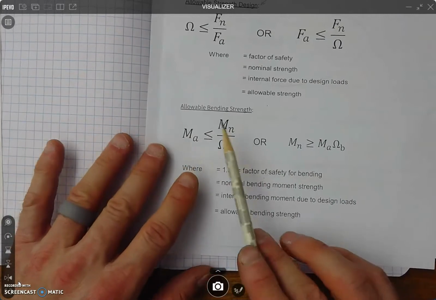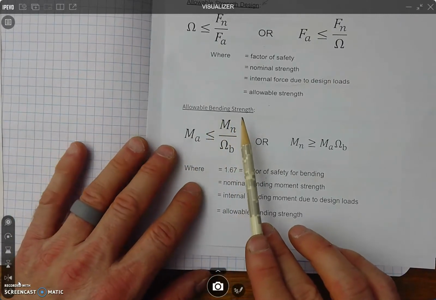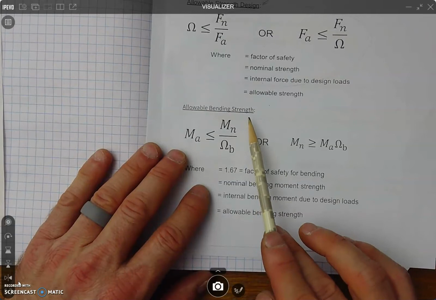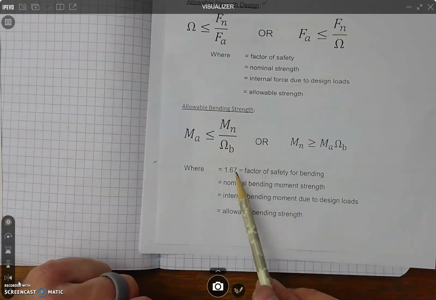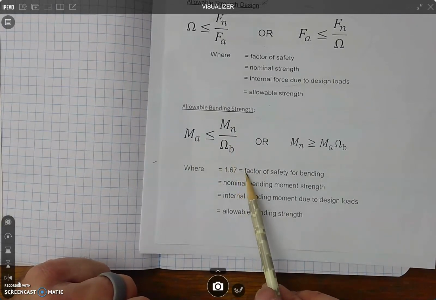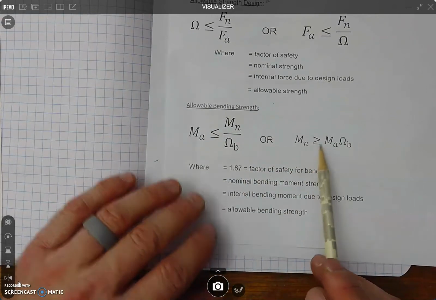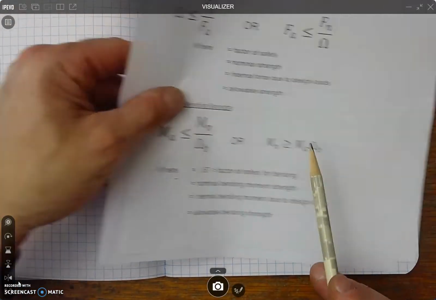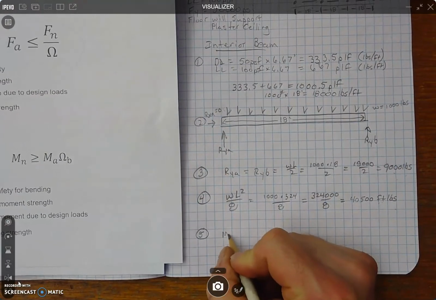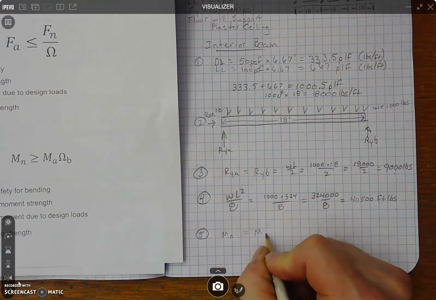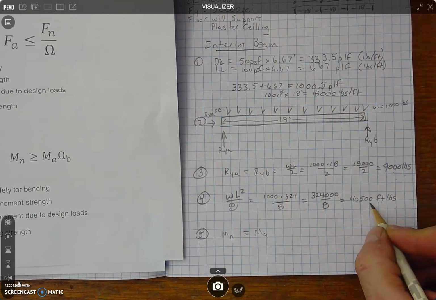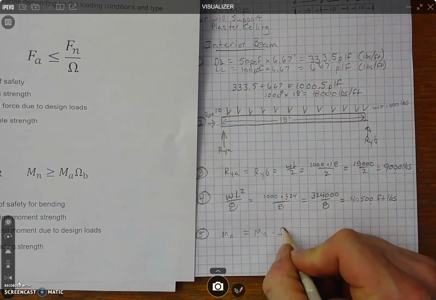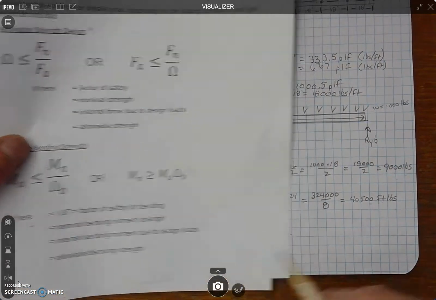We start right here, the allowable bending strength. So what we do is we take what we need in our design strength, and then this omega means a safety factor. In this case, the bending safety factor is 1.67. So we end up using this, and I'll show you. We're just going to copy this formula over. So Mn equals Ma times omega, and Ma is our loaded number, and omega is our safety factor, which they gave us right here.